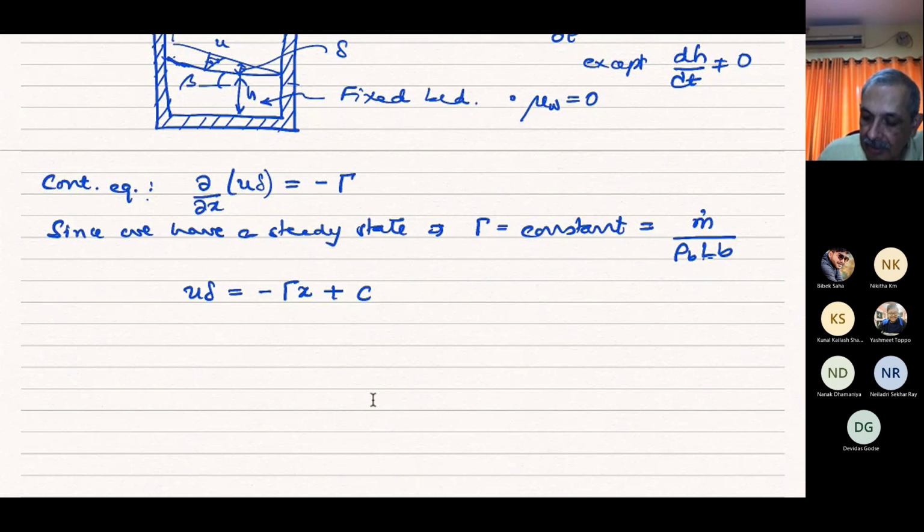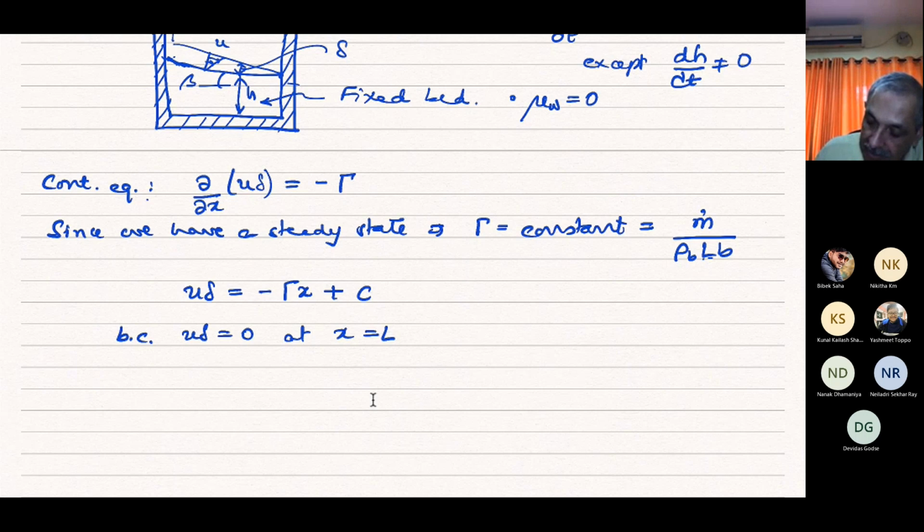That's a velocity into the height, so that is the volumetric flux per unit width in the z direction. And the boundary condition we have to use is that u delta is equal to 0 at x equal to L. So when you hit this end of the layer, the flux should be equal to 0.